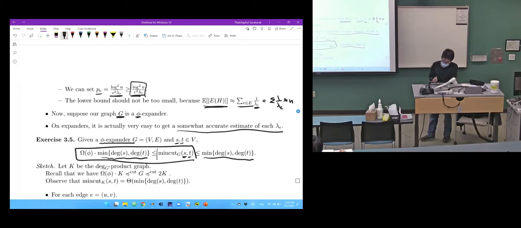Well, you know that if you take the product graph with the same degree profile as G, then because G is a phi expander, they are cut equivalent to the product graph within a phi factor. And once you have that, if you look at the min cut between S and T in the product graph, it's really of size around this thing.